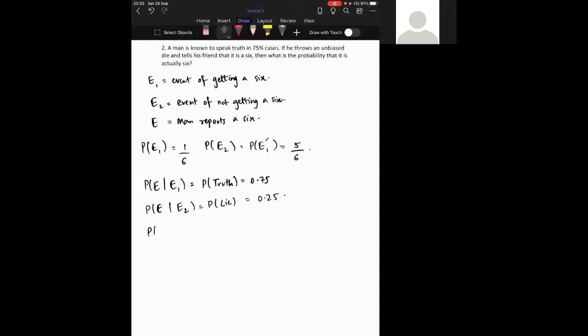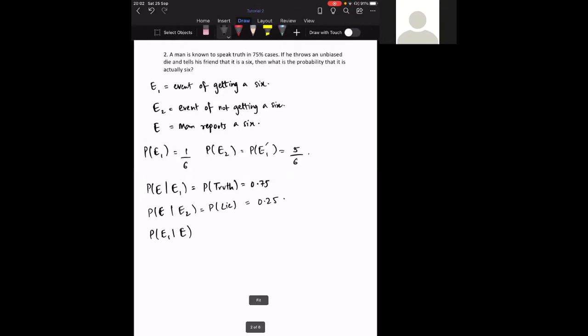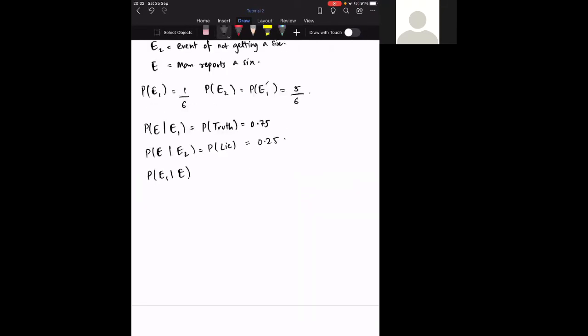So we want to find out E1 given E. किसने बोला है कि 6 है? But we want to see the probability क्या है? Actually 6 only. This is just probability of E intersection E1 over probability of E.